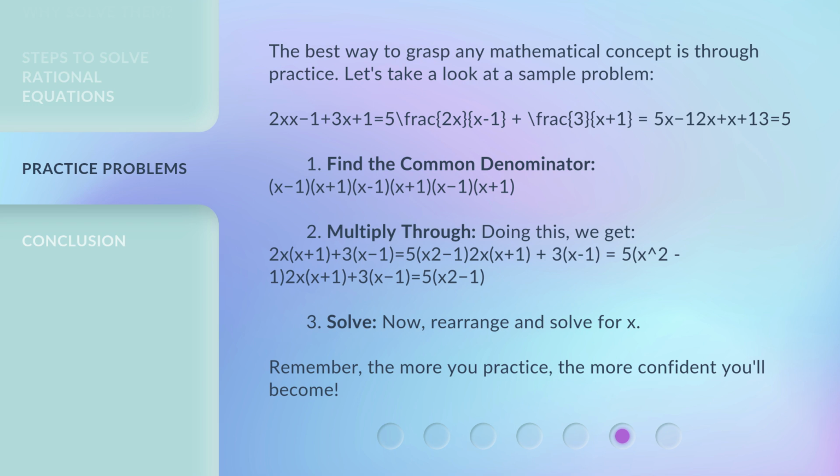Multiply through. Doing this, we get 2(x+1) + 3(x-1) = 5.